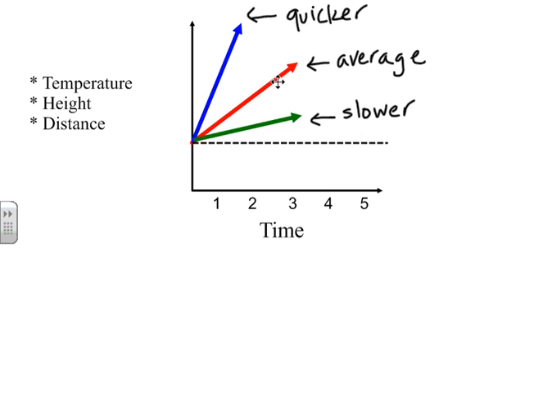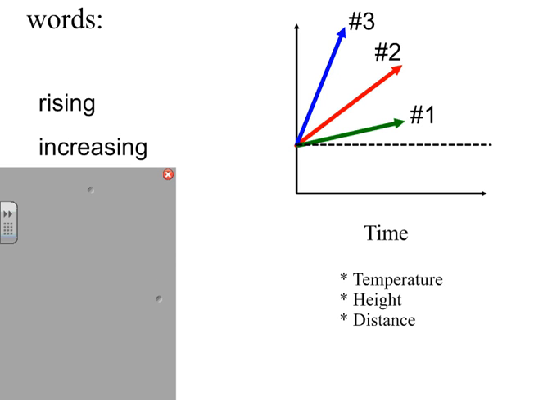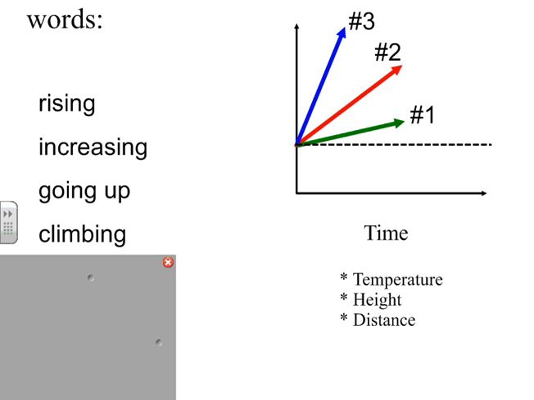So let's take a look at just this going up, and here I have them numbered 1, 2, and 3. And we're going to use some words that we know in relation maybe to temperature, to height, to distance, that we could describe these lines that are going upwards. We might use words like rising or increasing, going up, or climbing.